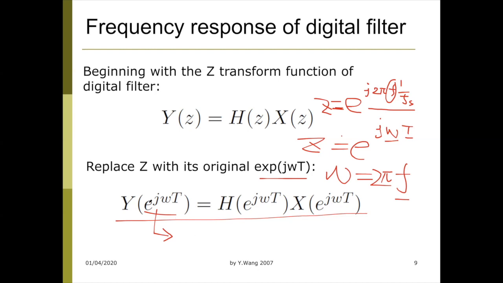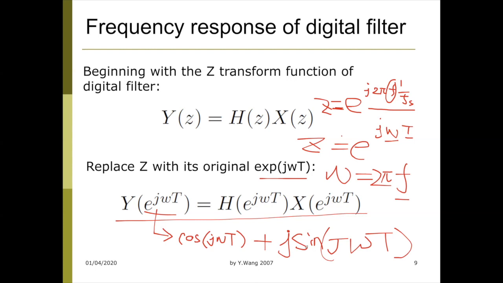So you can write this as cosine omega t plus j, which is the imaginary part, times sine omega t. Sorry about the writing with the mouse. So that actually contains both sinusoid waveform components. In that way, intuitively, we want to understand that.